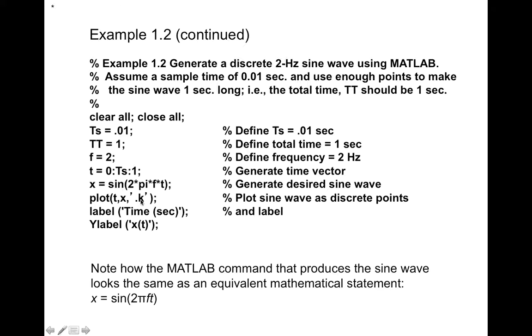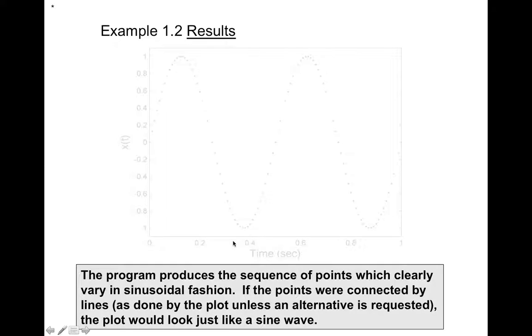And then if you want to plot points instead of a continuous curve, you can use this .k command in quotations. So the .k is going to give us points. Then you can use the xlabel command to label your axis, and you can use the ylabel command to label your vertical axis. So let's look.